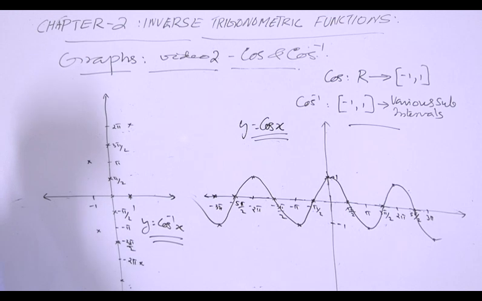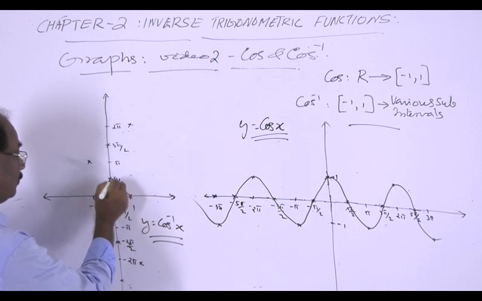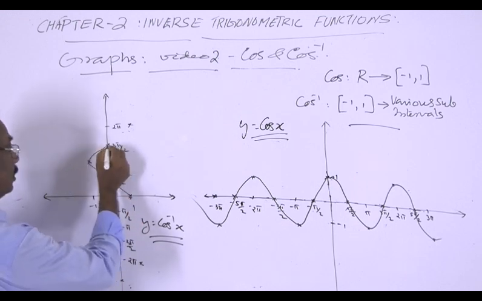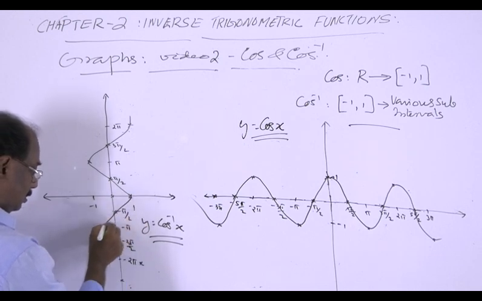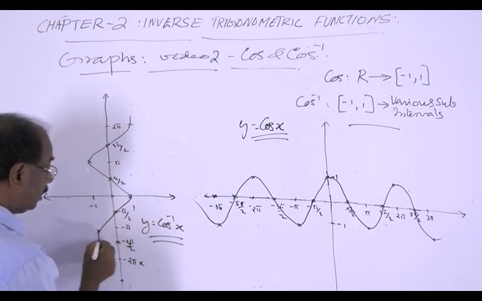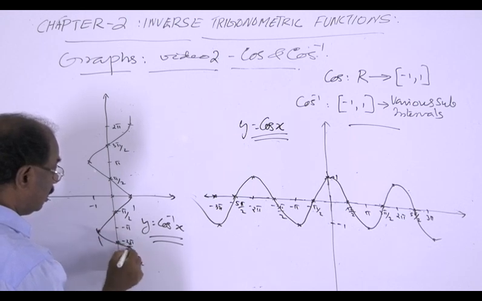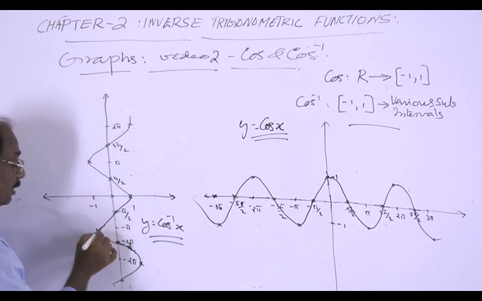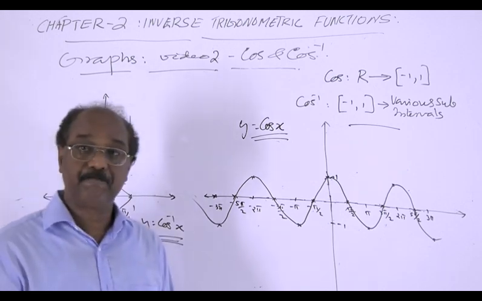Drawing the graph by a smooth curve, this is the graph of y equal to cos inverse x.